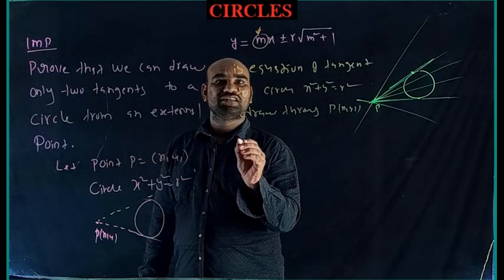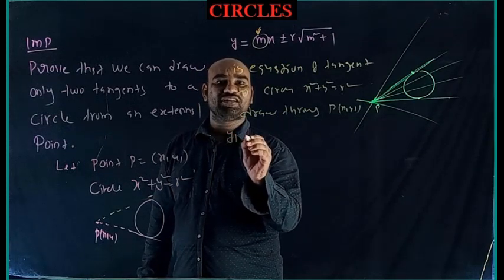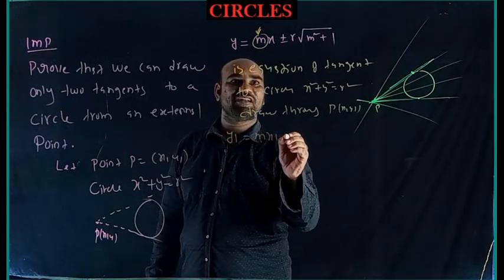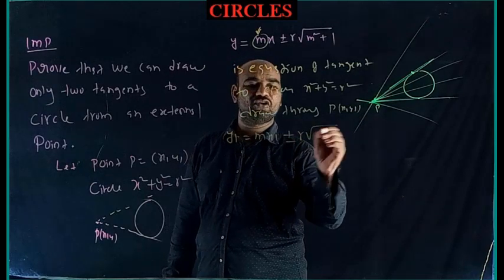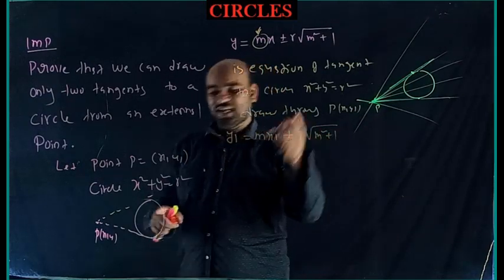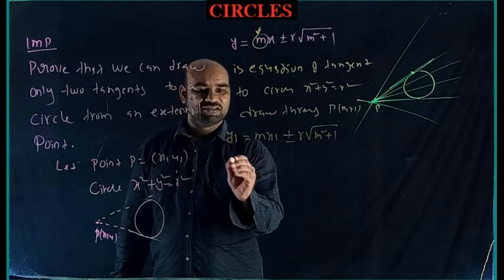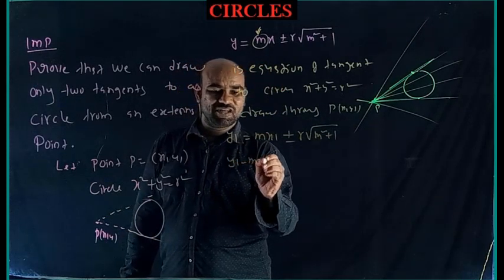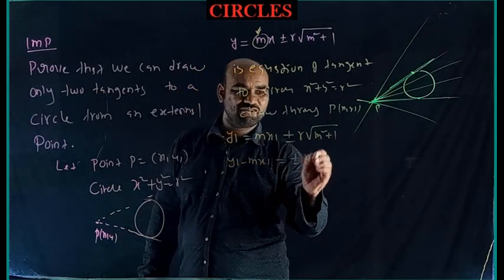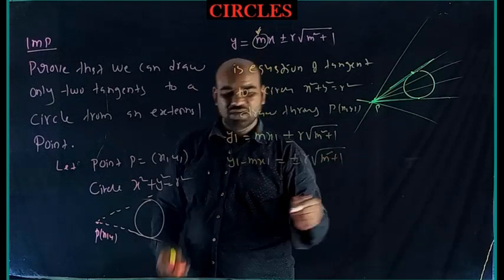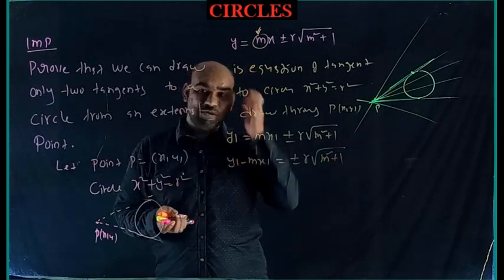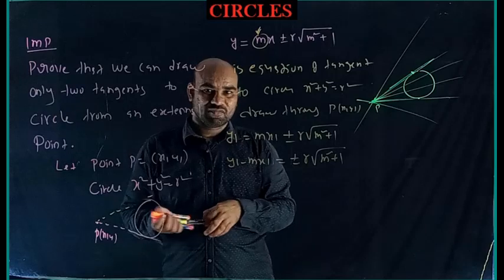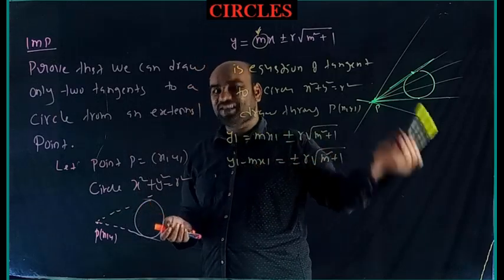I can say that y1 equal to mx1 plus or minus r into root over m square plus 1, because the line is passing through (x1, y1). So now y1 minus mx1 equal to plus or minus r into root over m square plus 1. I think you understood my plan: I want to make it quadratic in m.